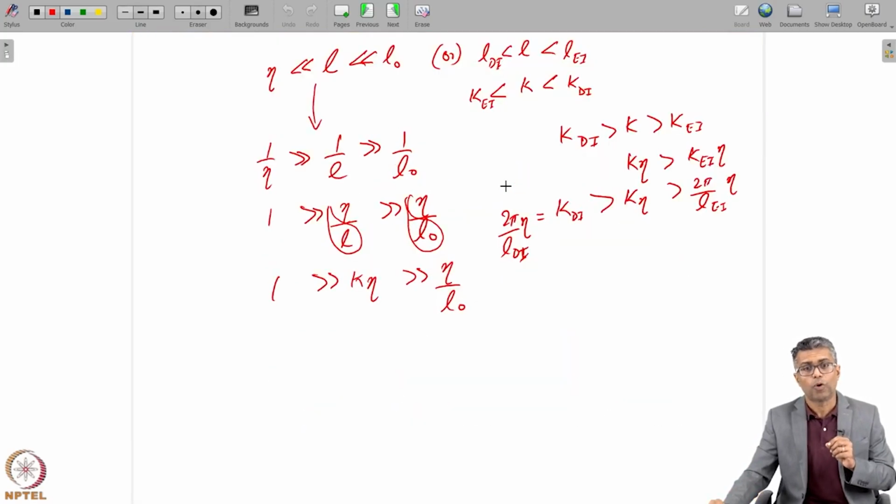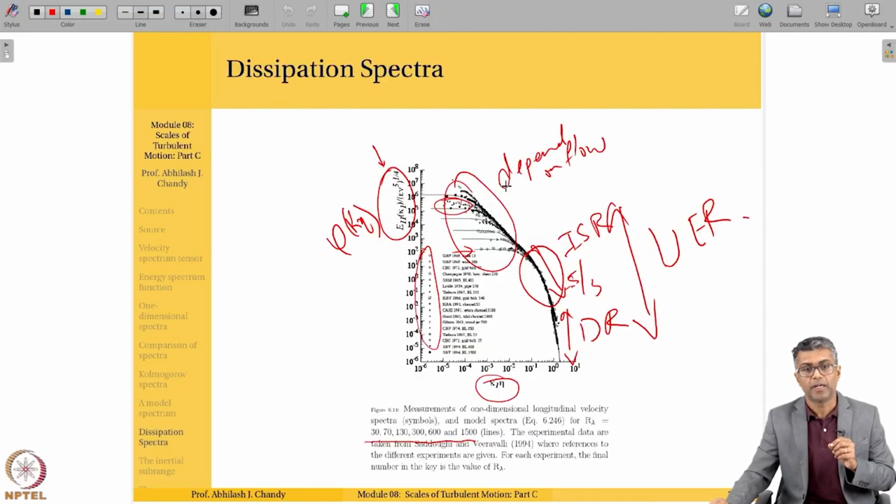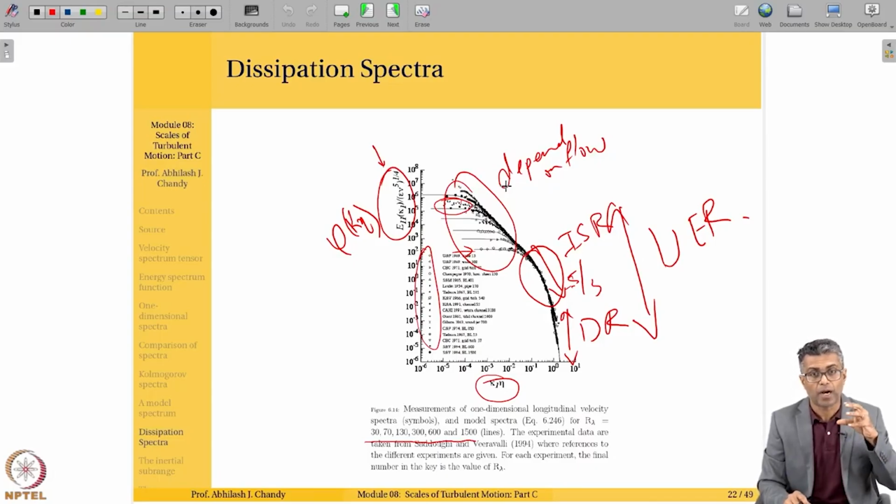Now, what we are doing in this figure is that, going back here, we are dividing the energy spectra on the y-axis by this particular expression, epsilon nu to the fifth to the 1/4. So then it becomes non-dimensional. Now, not just non-dimensional, we are scaling it with the right parameters.